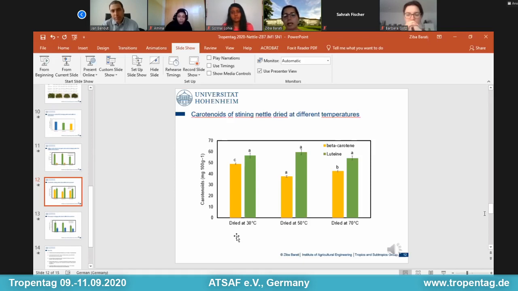But I think this lower beta carotene can also be because of the formation of new compounds during the higher temperature of 70 degrees, or also the longer drying time at 30 degrees Celsius.